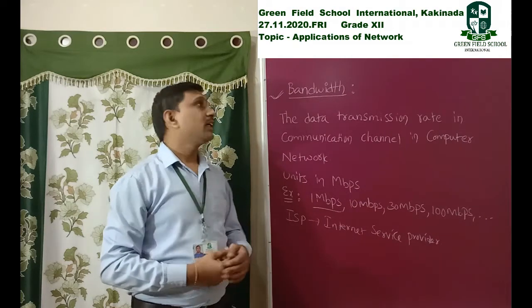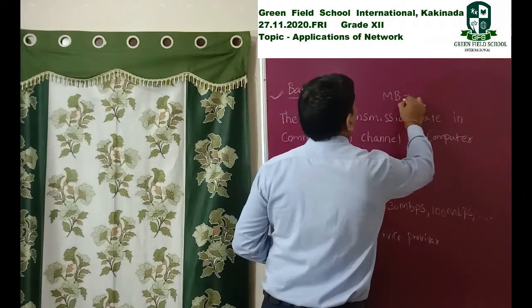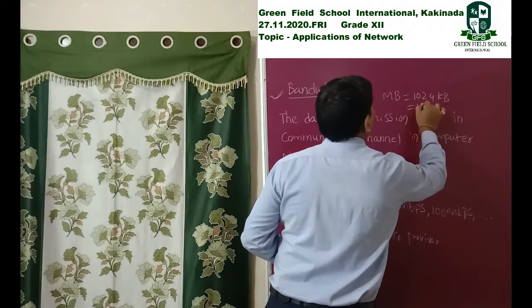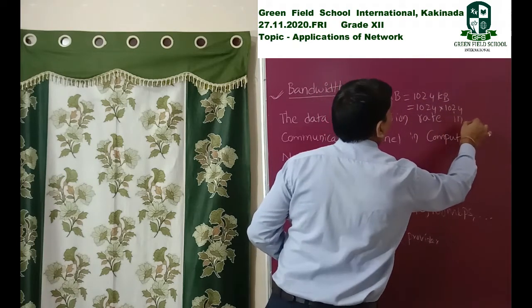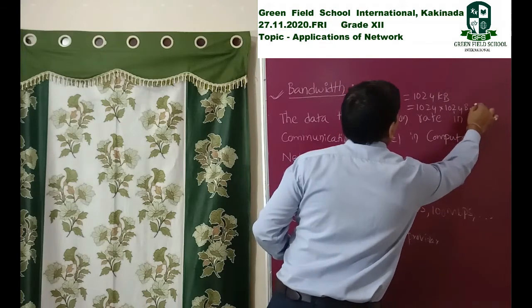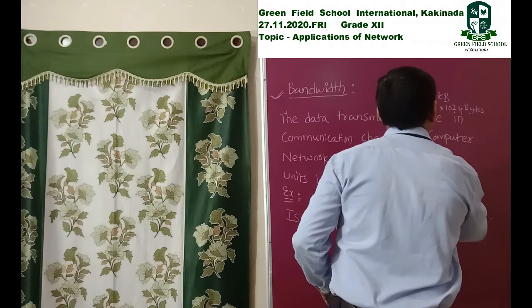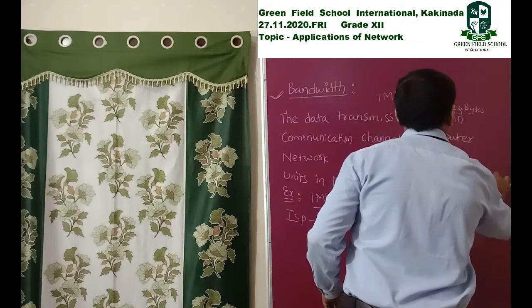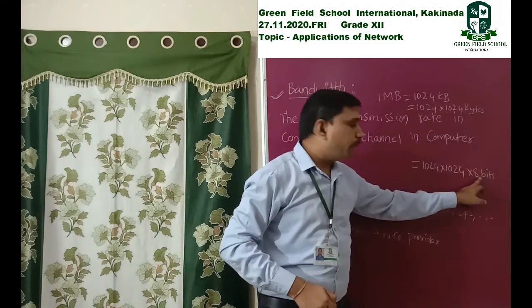Mega means 1024 kilo. 1024 KB is equal to 1024 into 1024 bytes, which is equal to 1024 into 1024 into 8 bits. Why? Because 1 byte is equal to 8 bits.